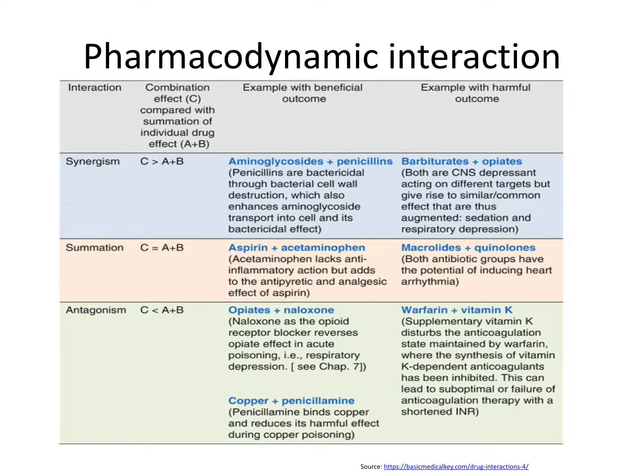Penicillins are bactericidal; they destroy the bacterial cell wall. Because of this, aminoglycosides get into the cell in higher amounts. That leads to an enhanced effect which is better than the additive effect of aminoglycosides and penicillins.